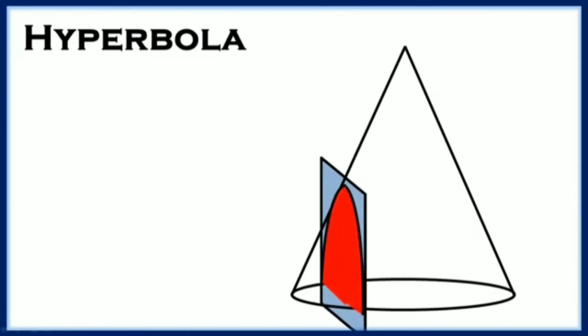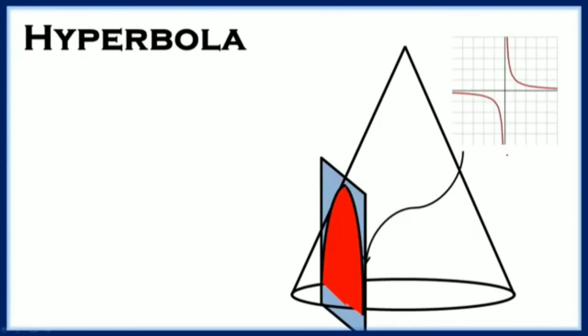And hyperbola comes in pairs. As if we will be starting another cone mula dito sa tip ng ating cone na magkabaliktaran sila at magkakat tayo ng isang perpendicular plane, then we will be forming two figures here, which is a hyperbola.